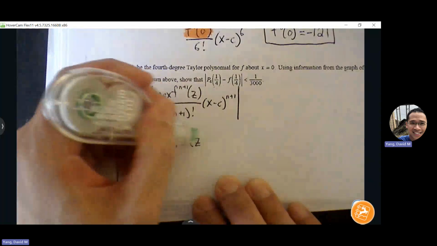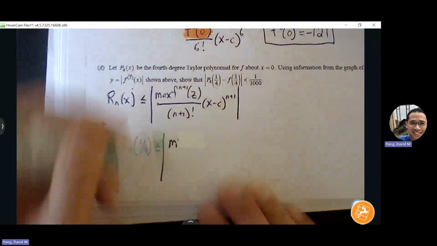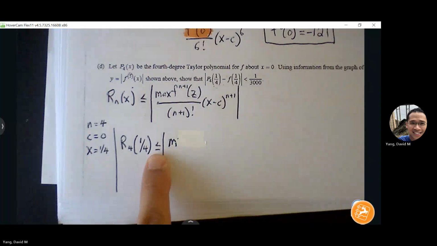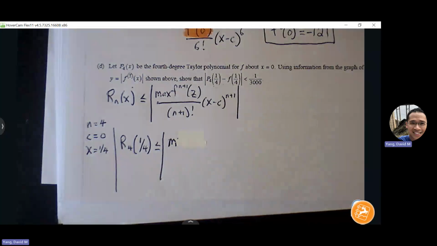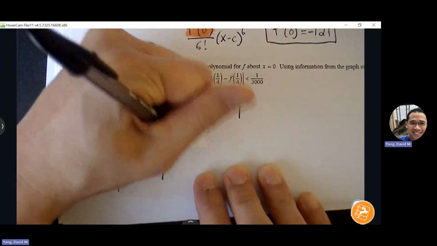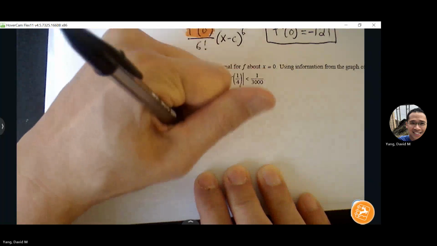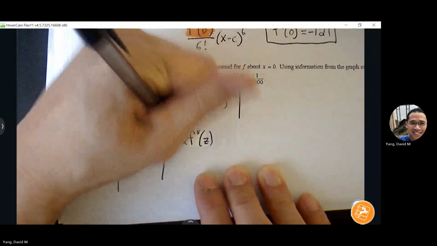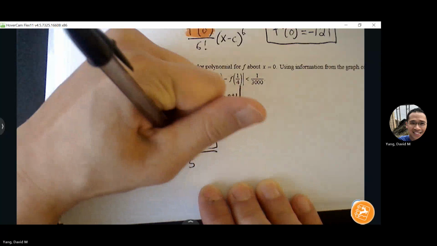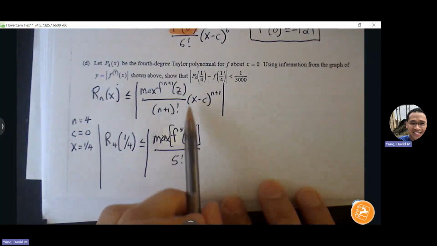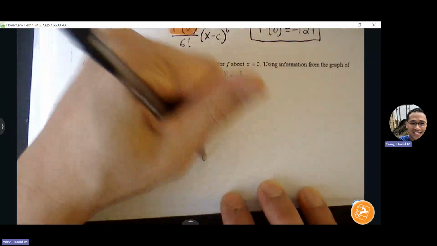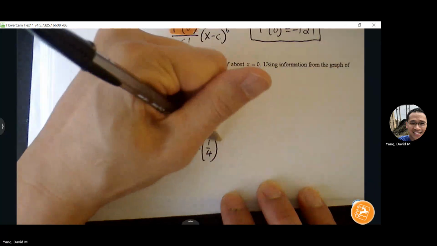What do you mean less than? Like the inequalities. This one right here? Yeah. Yeah, that's fine. It doesn't matter. Okay. Lagrange error bound sometimes has that less than or equal to, so I think either is fine. X minus C, so 1/4 minus 0.